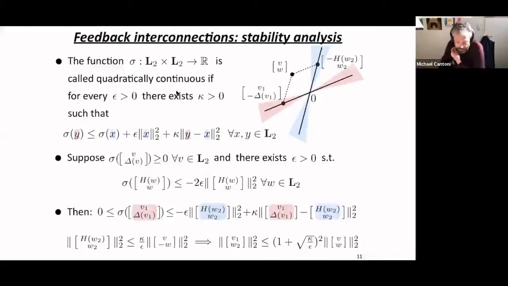Then just rearranging this, I can say all of this is greater than 0. I can then take that onto the other side, which gives me this thing here, and I can see that the size of the internal signals corresponding to an input-output pair of H will be bounded by kappa on epsilon times the size of the exogenous inputs that went into the system. That implies this bound when I just choose a different pair of the internal signals.